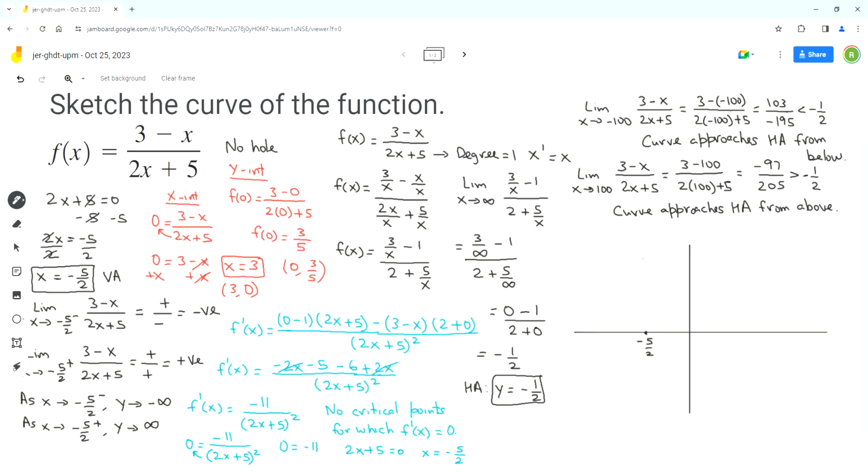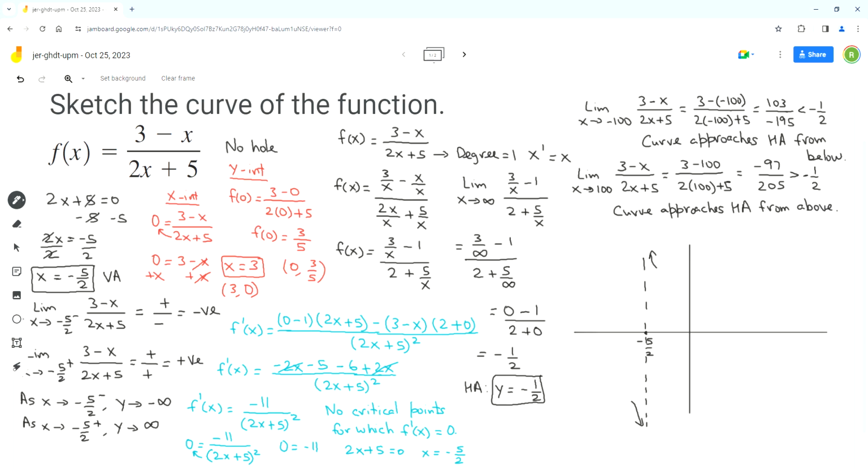So we can show the vertical asymptote like this. Now the end behavior around the vertical asymptote. On the left side of the vertical asymptote, the curve approaches negative infinity, so that's in the downward direction. And to the right side, it goes up in the upward direction.